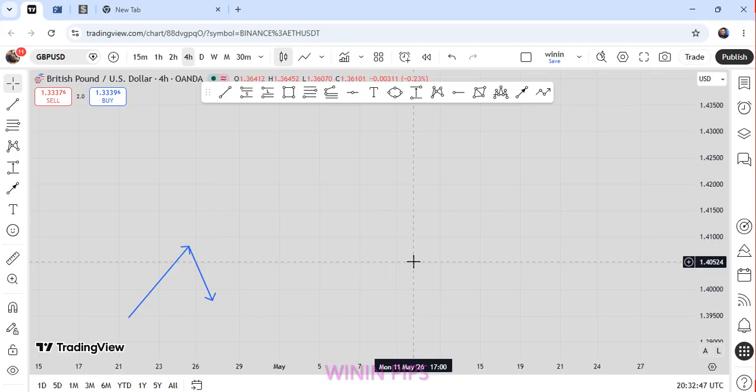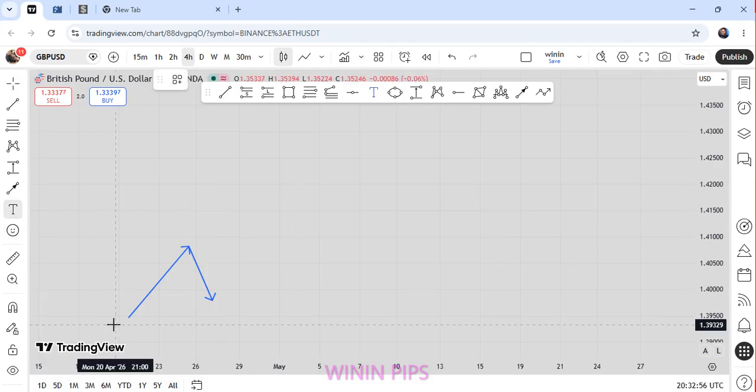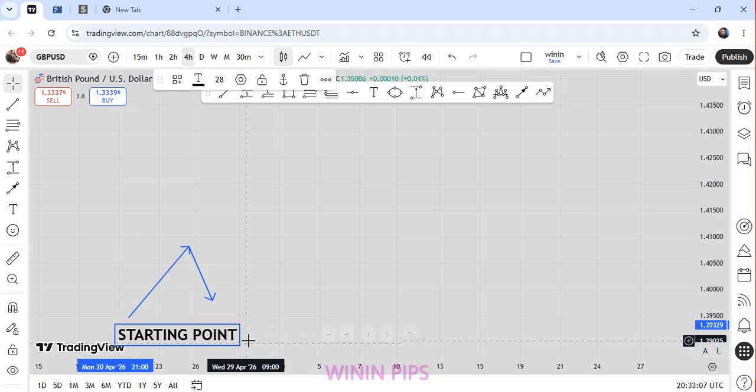Good. So let me quickly grab the horizontal tool. Okay, so this is our starting point.